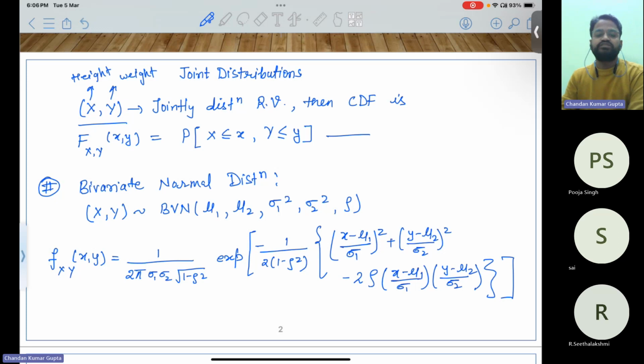These are already covered; I'm just recalling. So this is the probability density function for the bivariate normal distribution.